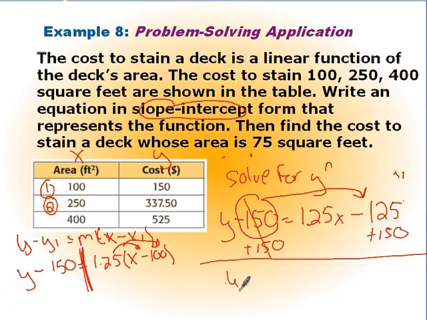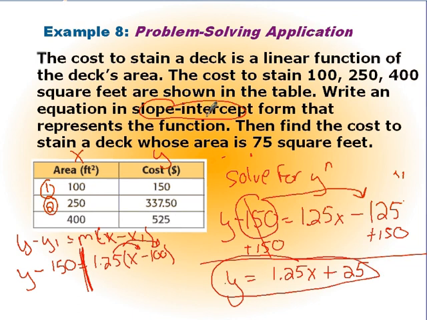These cancel out, so y equals 1.25x plus 25. Negative 125 plus 150 is 25. All right, so now we have it in slope-intercept form.